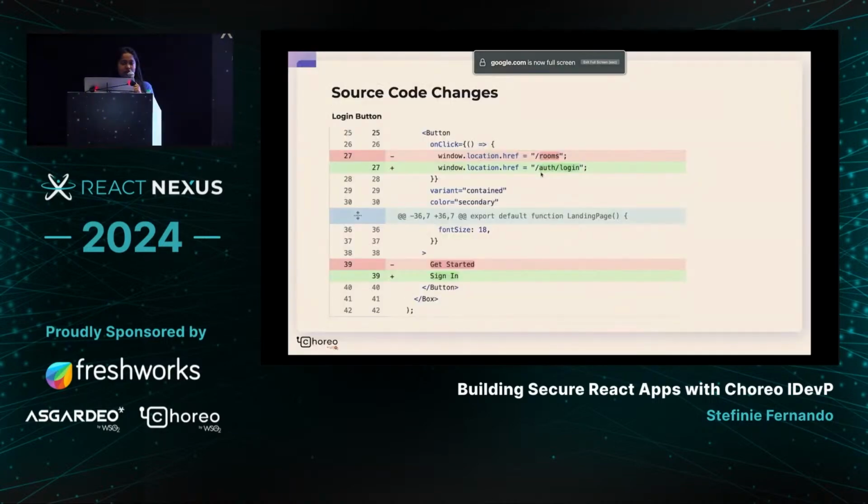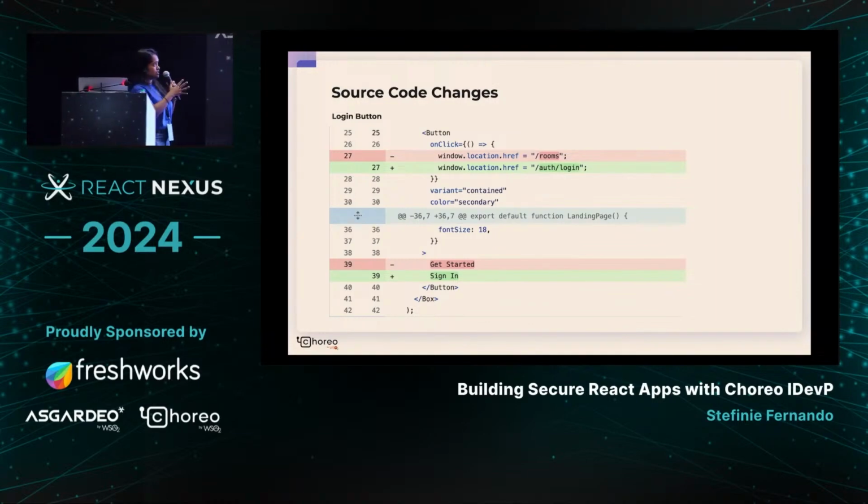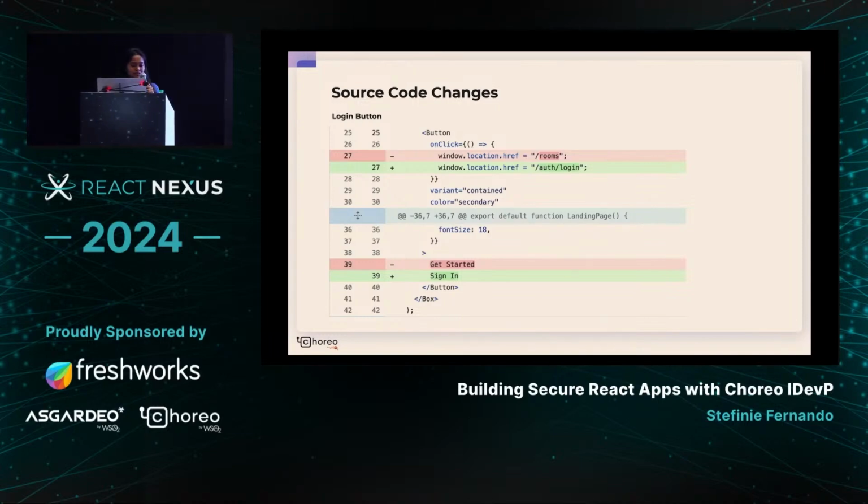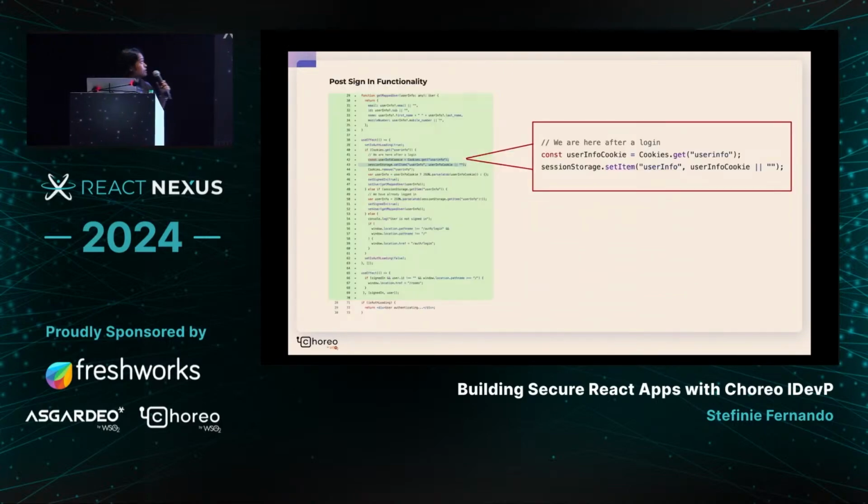Obviously, when implementing authentication, you need to have a login button. So I have changed my getting started button to sign in, and I am redirecting the users to /login. With this, Choreo will redirect the users to the configured identity provider and handle the authentication there. Then we need to manage the post sign-in functionality.